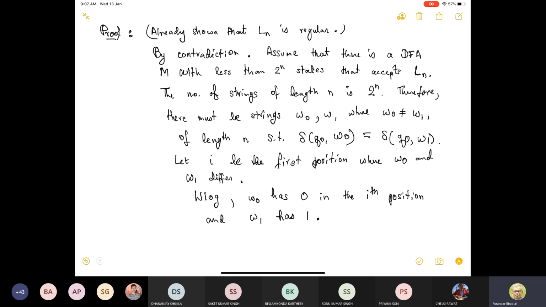Because if this is not the case, then we can just switch W0 and W1.